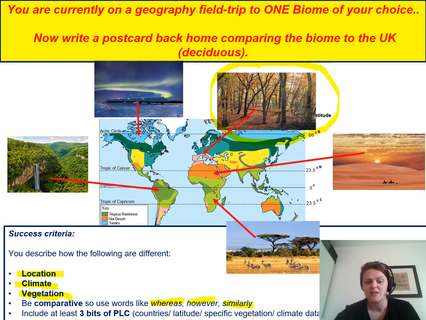All right, and you have to use at least 3 bits of PLC. So that means name the country, tell me the latitude it's in, give some specific vegetation or climate data, whatever you need to give it just that bit more of specific information. Okay, so you've got 20 minutes to do this, guys, but before we do that, let's have a look at an example.